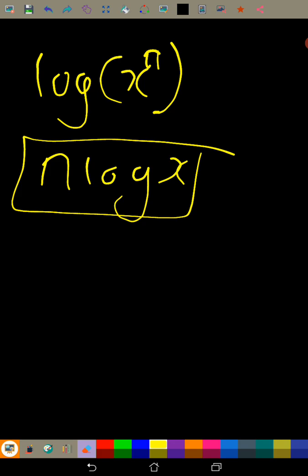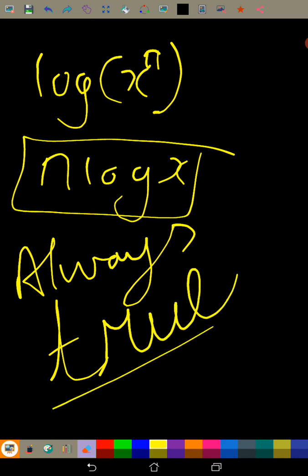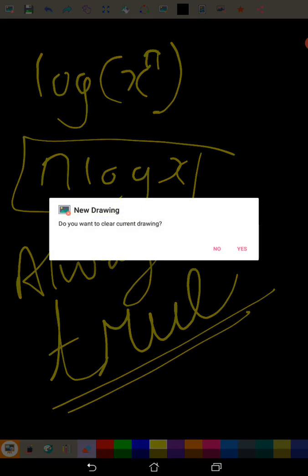And it says these results are true for logarithm of any base, so always true.